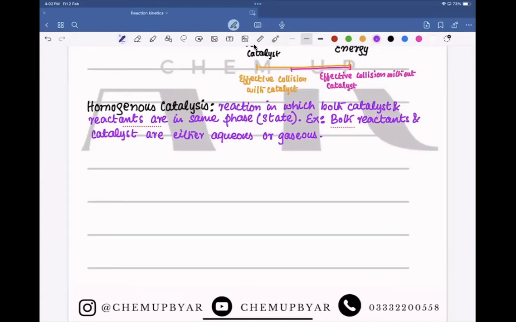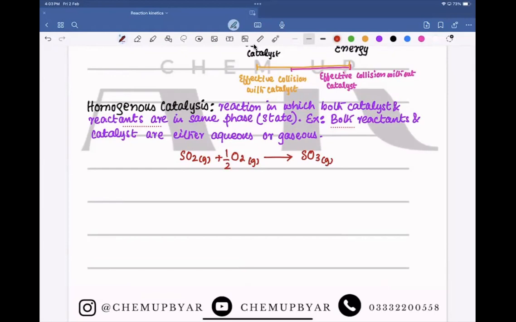Now have a look at the equation for such a reaction that usually occurs in the atmosphere, where sulfur dioxide gas reacts with oxygen gas. We have discussed this reaction, and we will discuss it in nitrogen and sulfur as well. It forms sulfur trioxide gas. If we balance it, we will put a half over here.